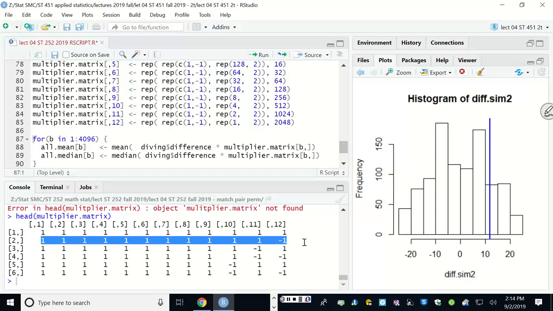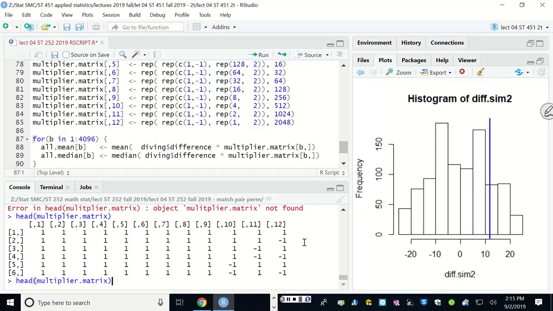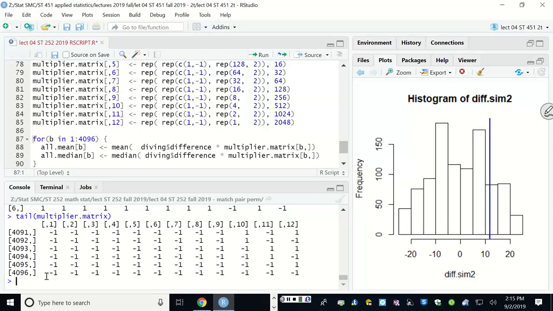Then the next row, only the 11th one is flipped, and then the 12th one is flipped. Then 11 and 12 are flipped, and then it goes to the next, where that one's flipped but these two are the same, and so on. So it's just systematically going through. At the bottom of the matrix, the last row, everything is flipped. So instead of y2, y1, it's y1, y2, and so on, and then there's a difference. So it just systematically goes through all of those.